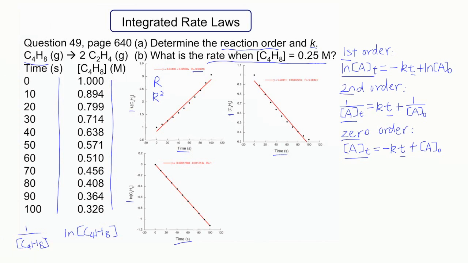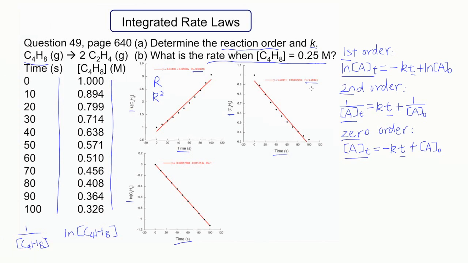How about the second graph? Second graph is between the C4H8 concentration and the time. Again, we use the zero order reaction model to fit the data. Zero order reaction model gives us this red line, but not all the data points are on this straight line. R value is 0.99.